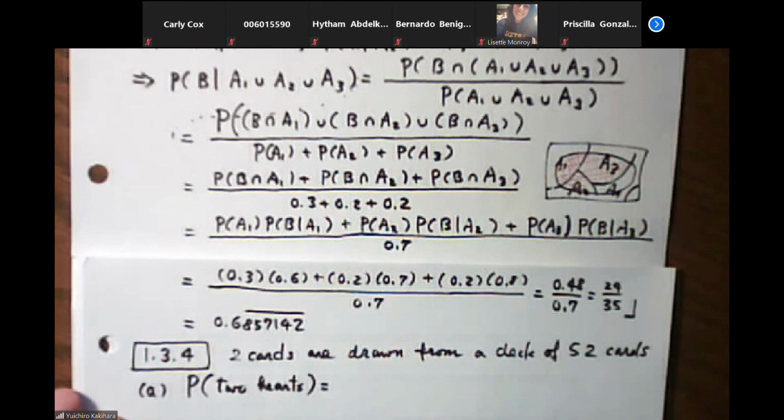What do you think? The first one is a heart, and then the second one is also a heart. Then what is the probability that the first one is a heart?